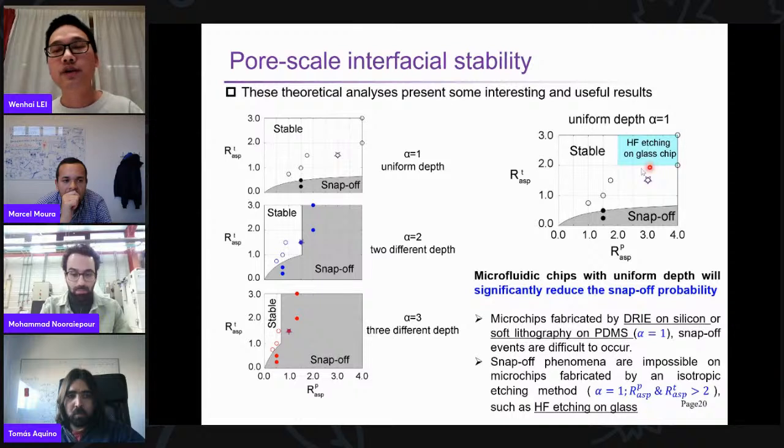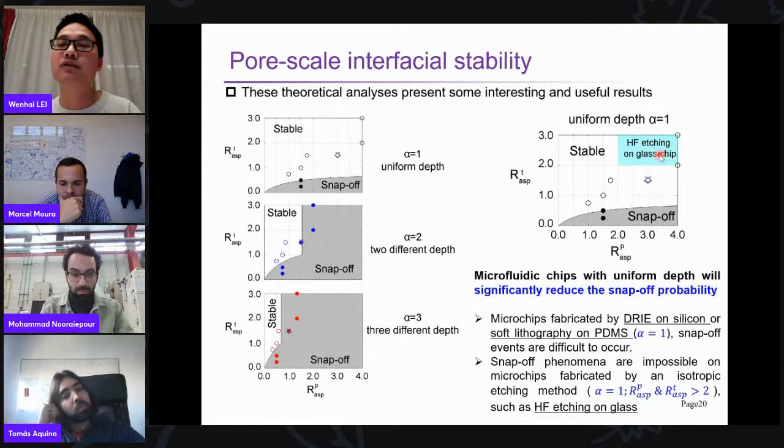For example, if you use glass to fabricate microfluidic chips, you will use HF etching, which will always produce a larger aspect ratio, as shown in this area. So snap-off won't happen in the glass microfluidic chip.